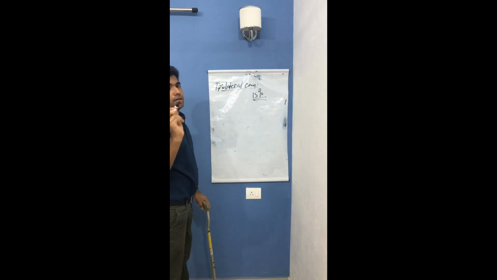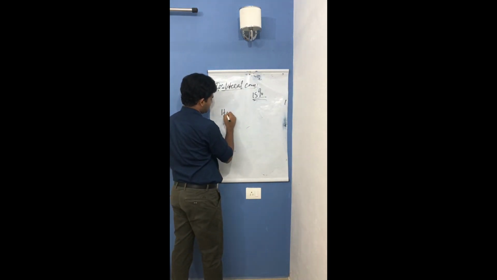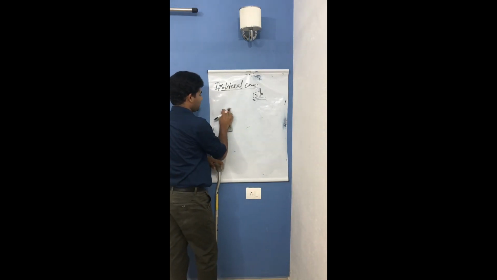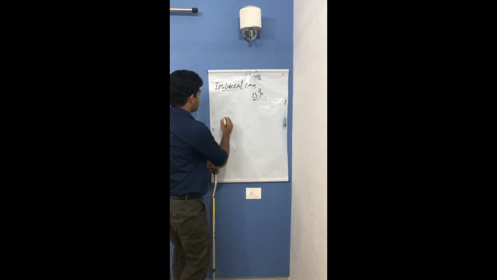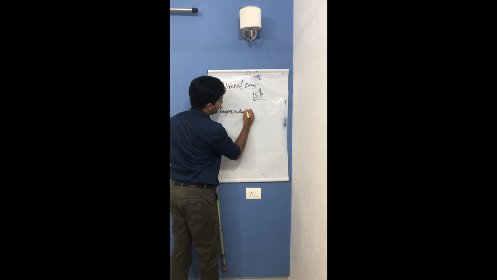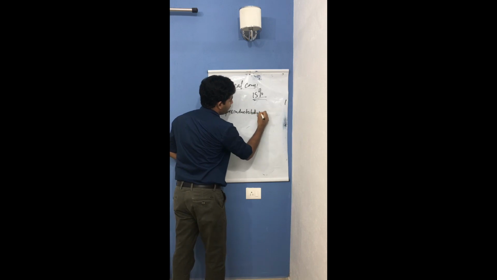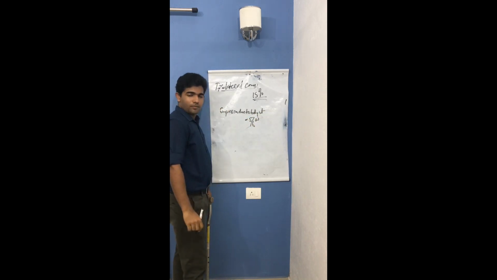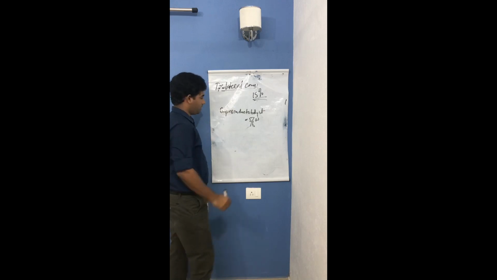Going back to our mathematical calculation. Let us see the compression due to body weight. This was 5/6 of the body weight, right?